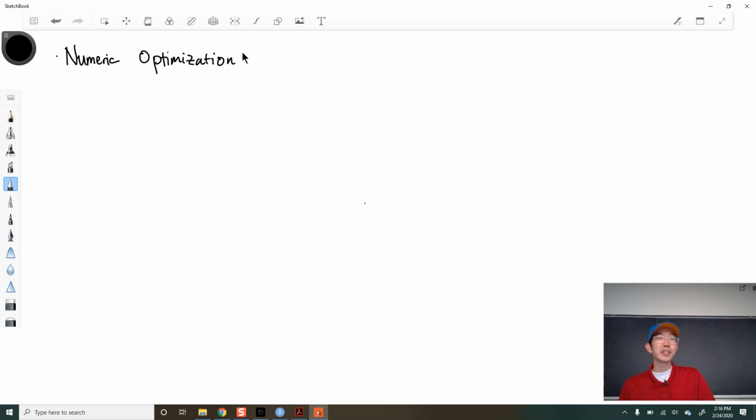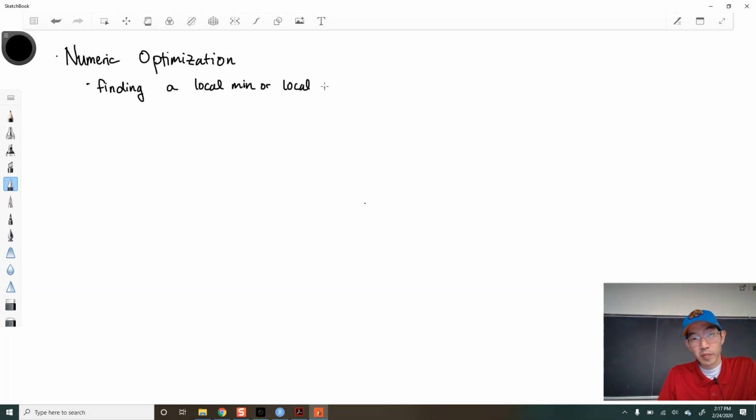Numeric optimization. If you want to take out paper and pencil, you can, or you can just watch and follow along. Numeric optimization is basically all about finding a local min or max. Often the problems are framed as finding a local minimum, and if you want to find a local maximum, you just find the local minimum of the negative of the function.